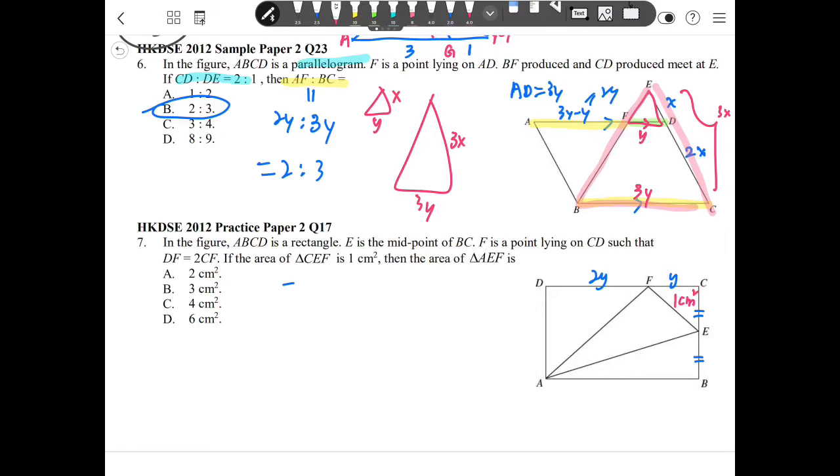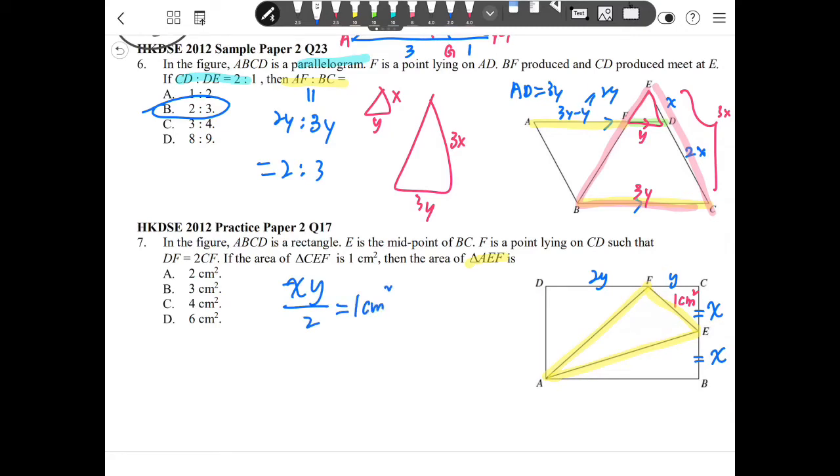So please find the area for AEF. For this area. Okay, so in this case, I am trying to have the same ratio. CE would be x, and BE would also be x. And for question number 7, where is the 1 cm square from? It would be x times y divided by 2 equals 1 cm square.